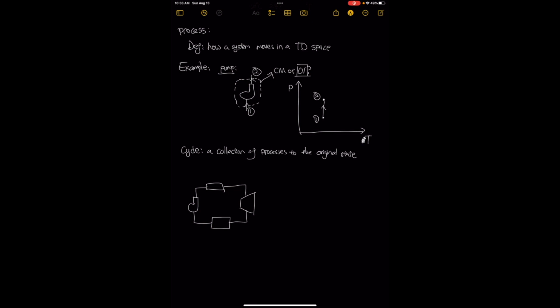Something like this. Can you recognize the terminology, what's the name of this cycle? Some of you probably already know. It's called the steam cycle.